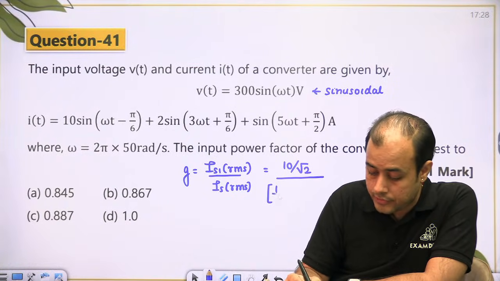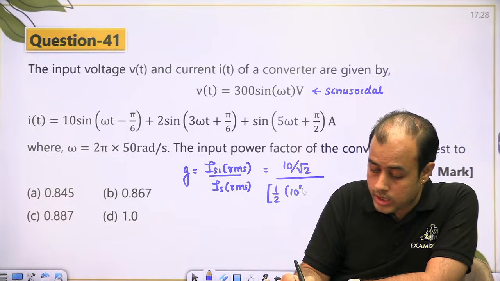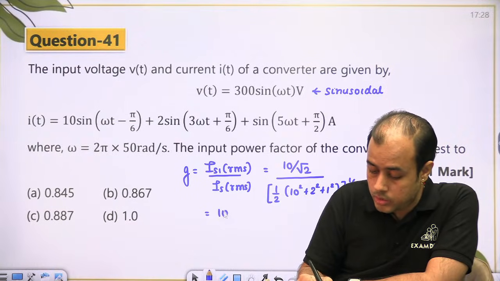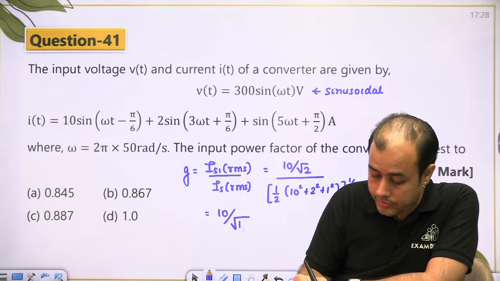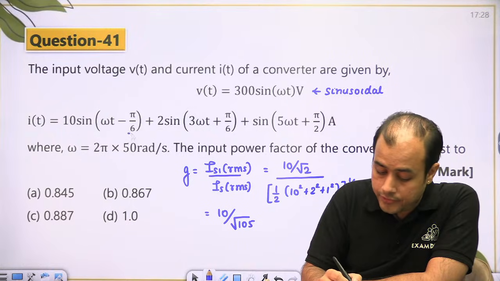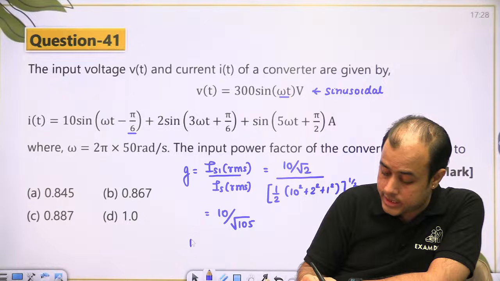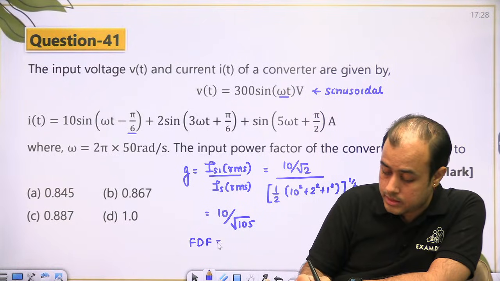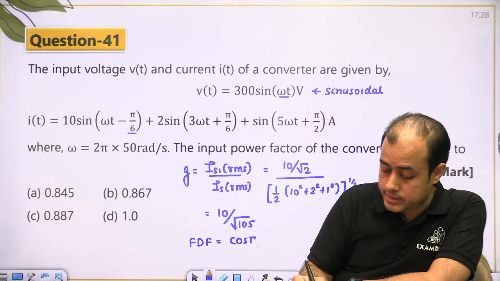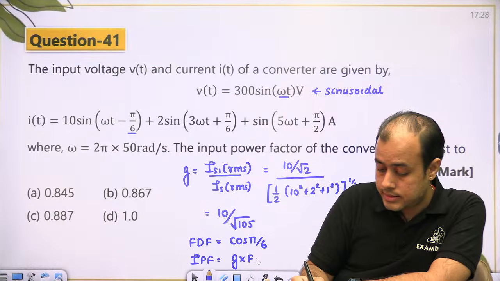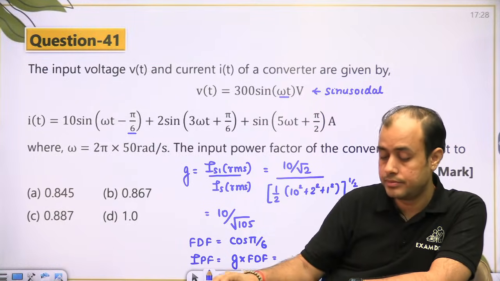Total RMS is half of 10 square plus 2 square plus 1 square. So 10 by root 105. Now the phase shift between voltage and current, fundamental voltage and current, is pi by 6, cos pi by 6. So input power factor is G into FDF.